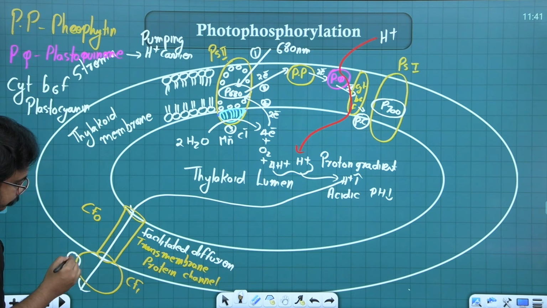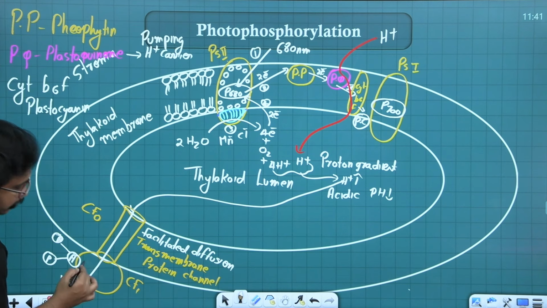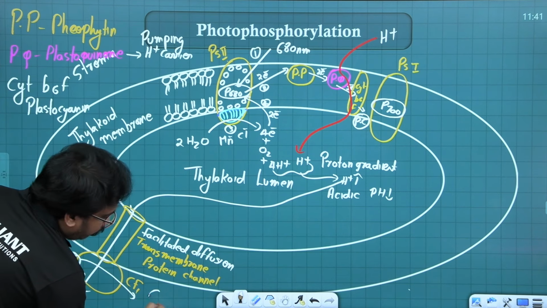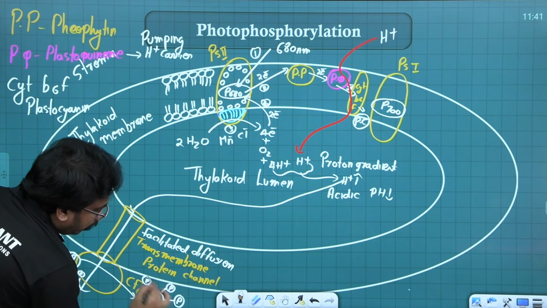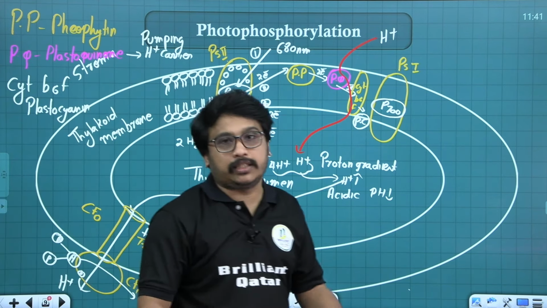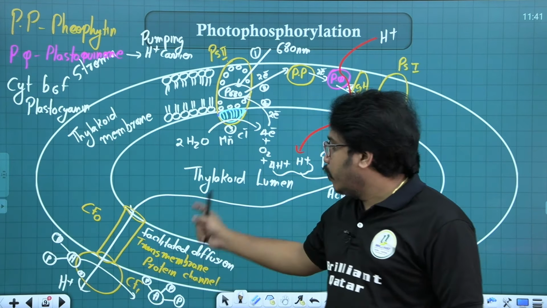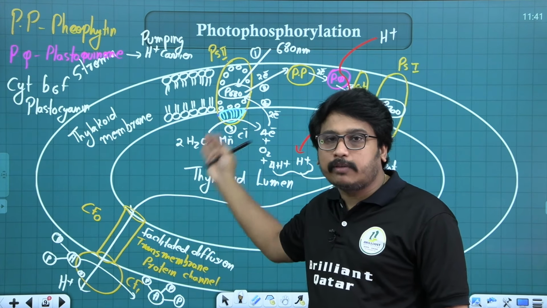One is ADP and P, and later they will get converted into ATP.